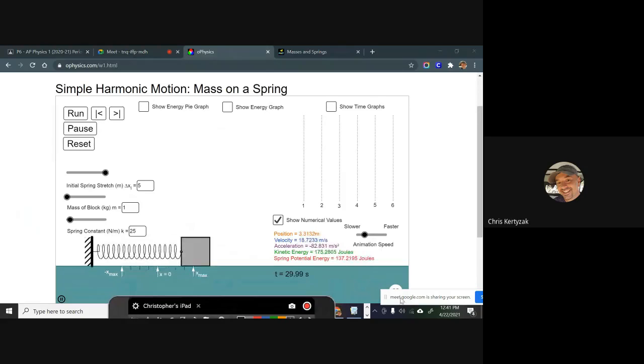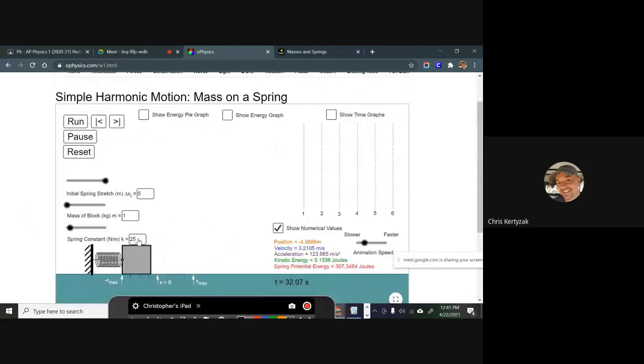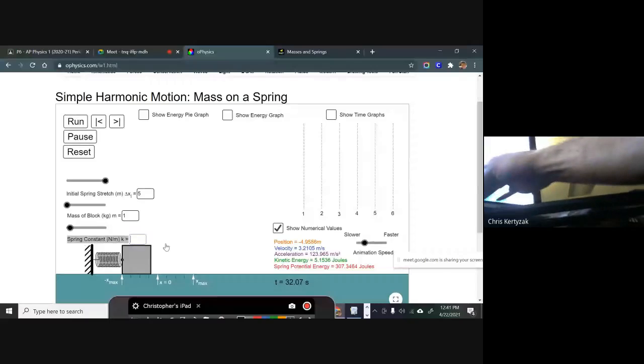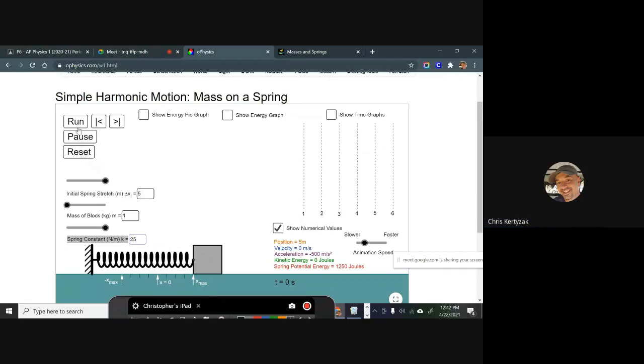On the other hand, if I were to increase K, reminding you that a stronger spring should go through its cycles more quickly, which it clearly is. A weaker spring, like this one, 5 newtons per meter, goes through its cycle more slowly.